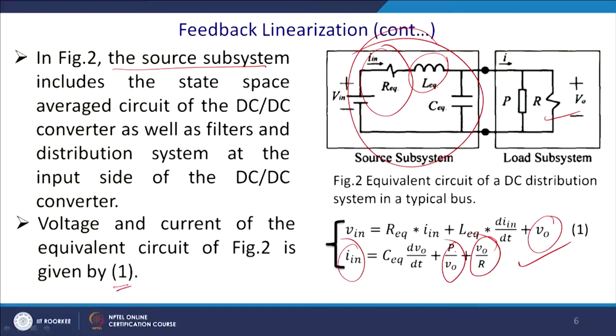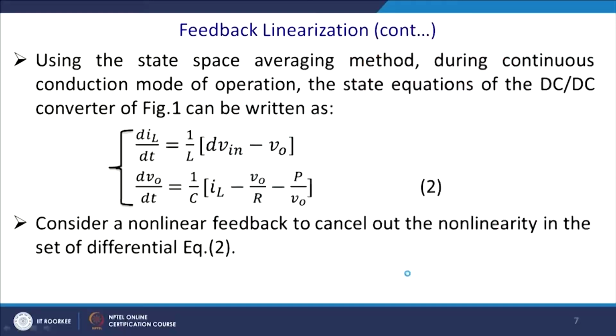This is the constant power and this is the constant voltage. So, anyway, this will be the current in the system. So, we can write and we shall do the feedback linearization here.